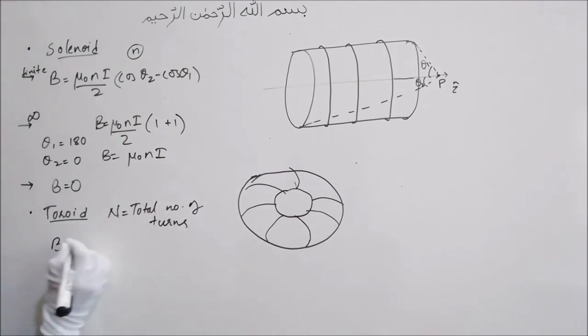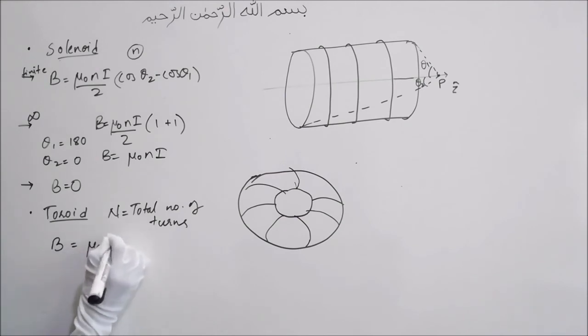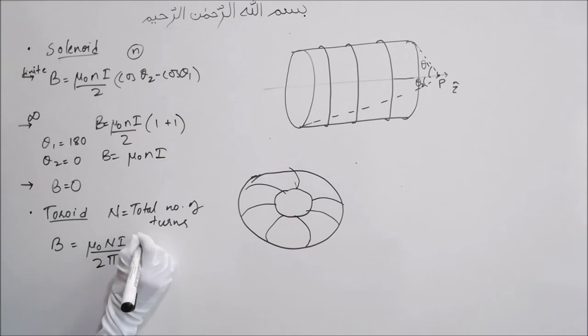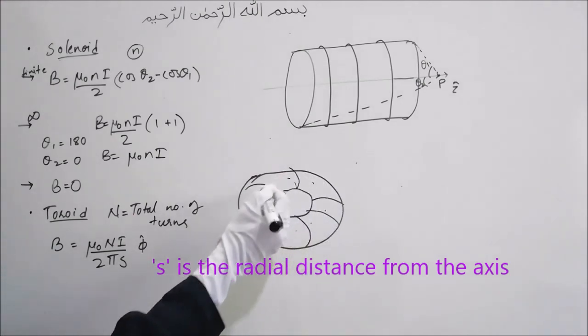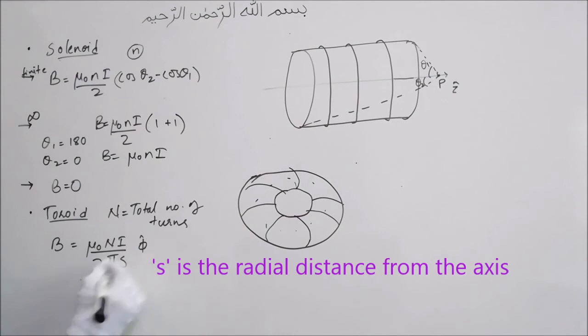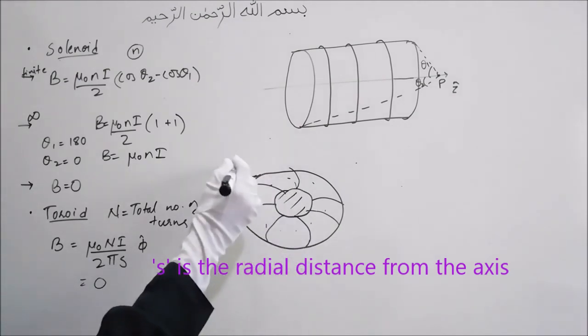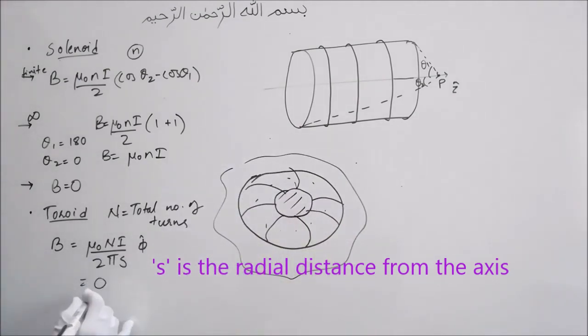Then the magnetic field will be equal to mu naught Ni by 2 pi s phi hat. The magnetic field is circumferential, it is phi hat. This is the magnetic field for points inside the coil, that means at some point here. For points outside the coil, that means in this region and in this region, the magnetic field is 0.